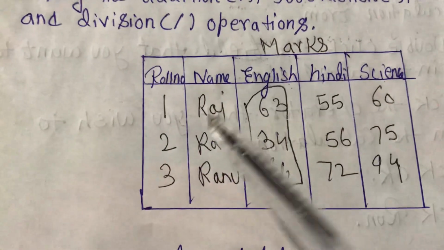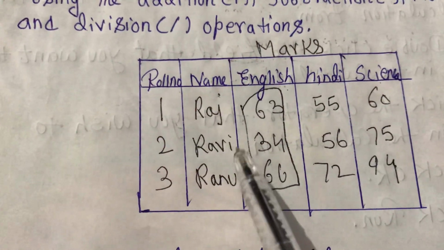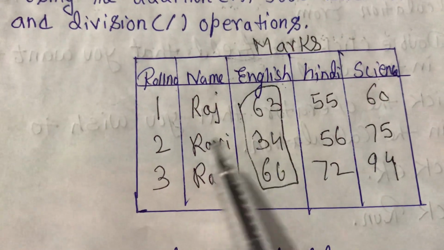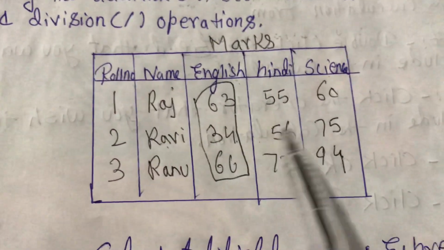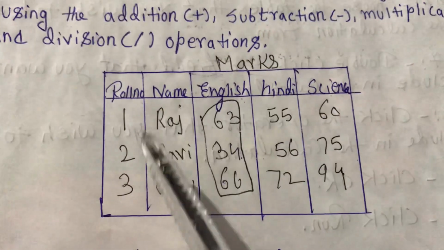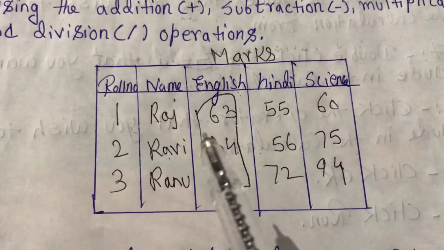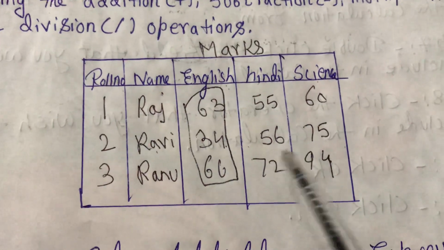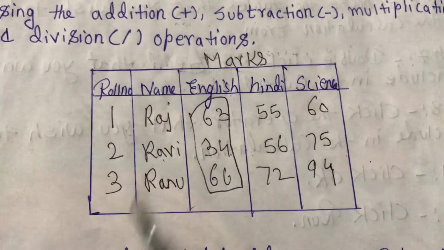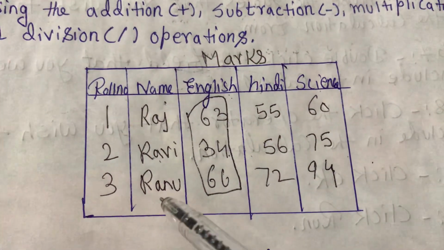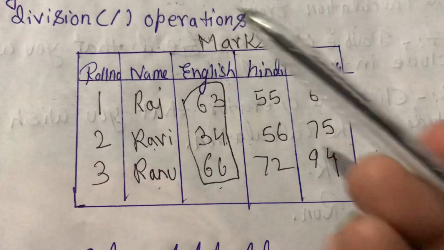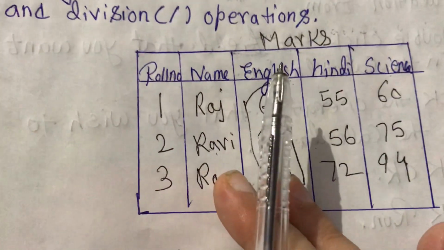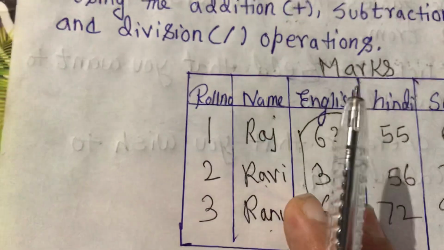If you want to see the total marks of Ravi, you are able to see it with the help of a calculated field, what the total of Ravi's marks is and what the total marks of Ranu or Raj are.